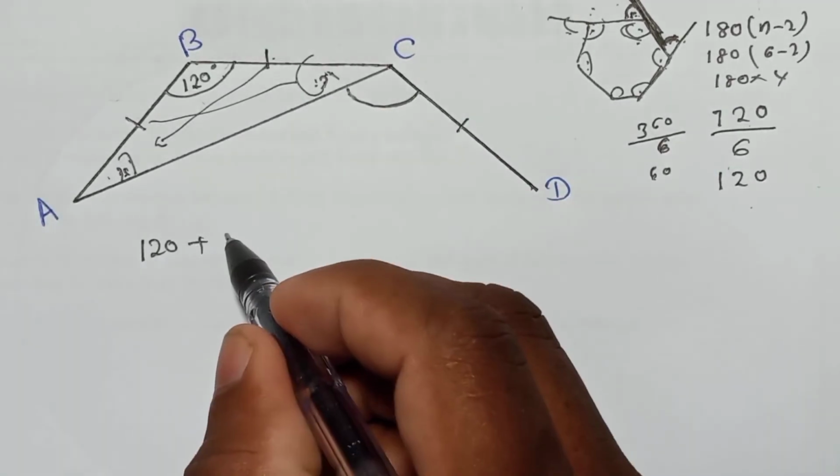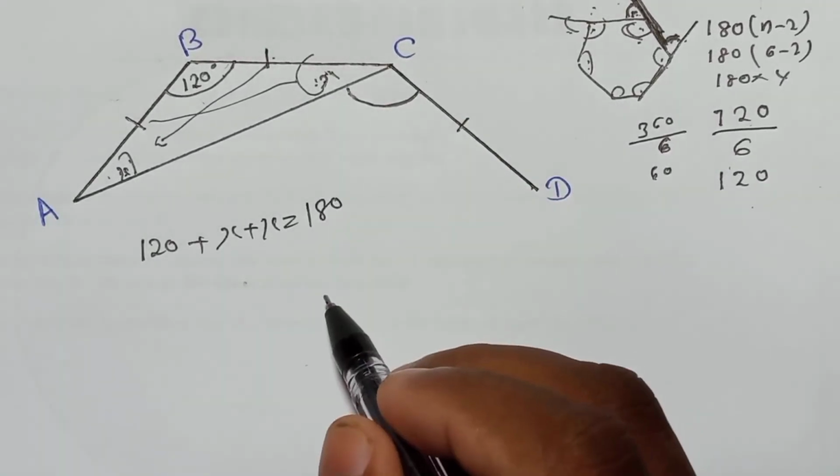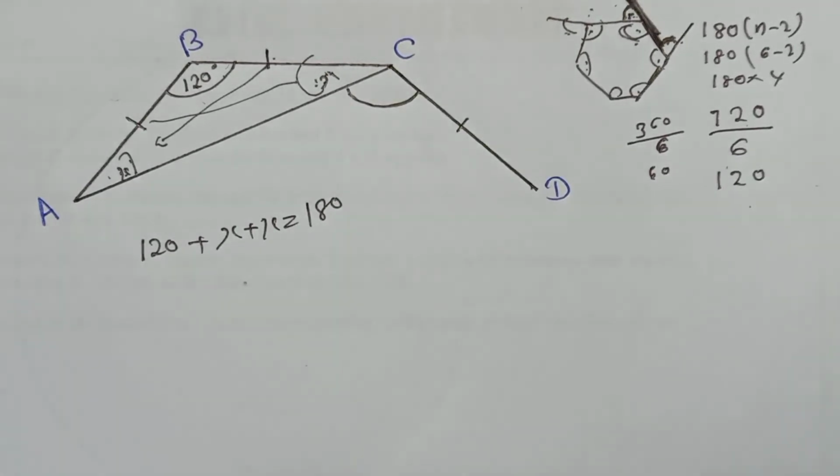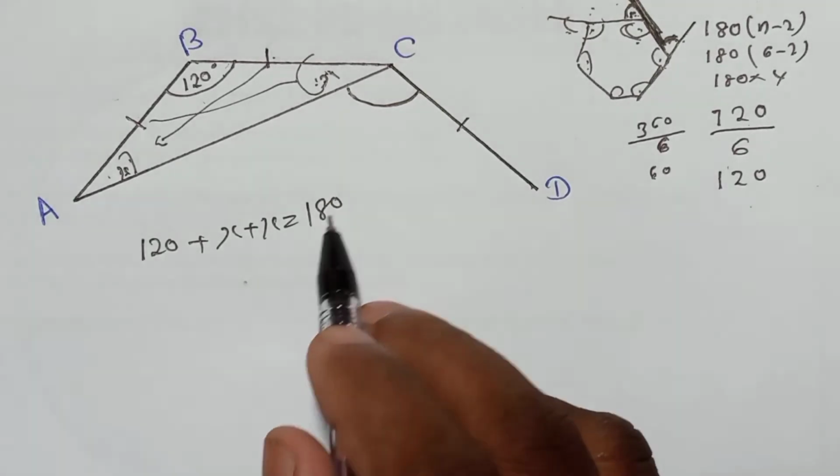So you can write 120 plus 2x equals 180, because the interior angles of a triangle add up to 180.